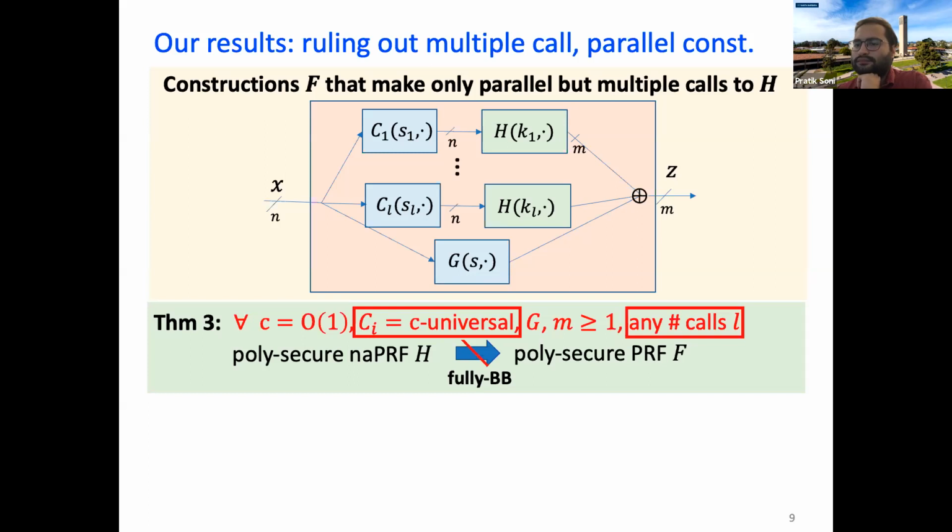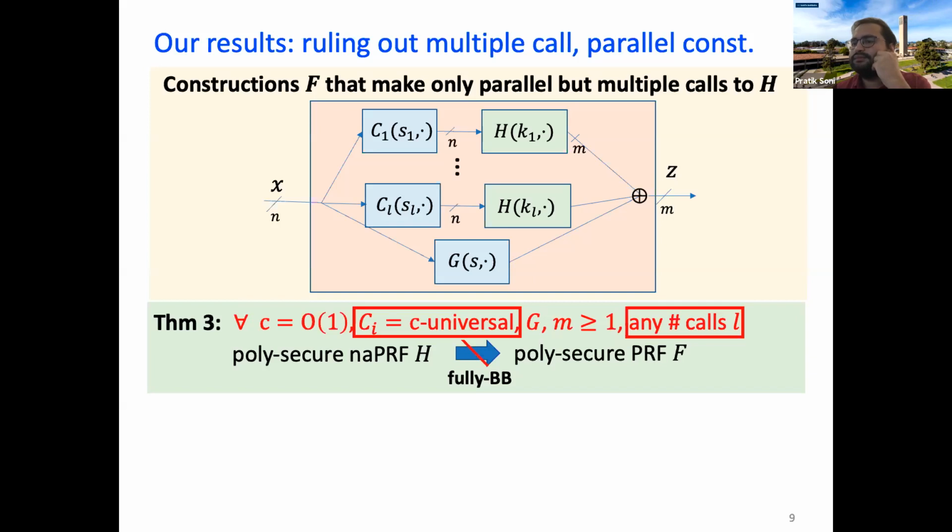I see. And what is the C that is constant then in that theorem statement? So we give a family of results which is indexed by some constant, and that constant defines the assumption on the preprocessing function that we need to make. If you think about the constant as 1000, we get a better result because we now assume our preprocessing functions to be 1000-universal, which is a much weaker assumption than asking for it to be 2-universal.